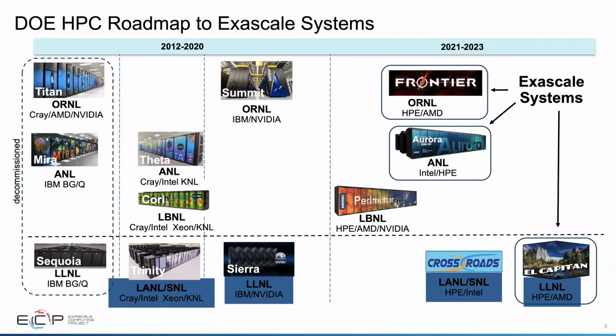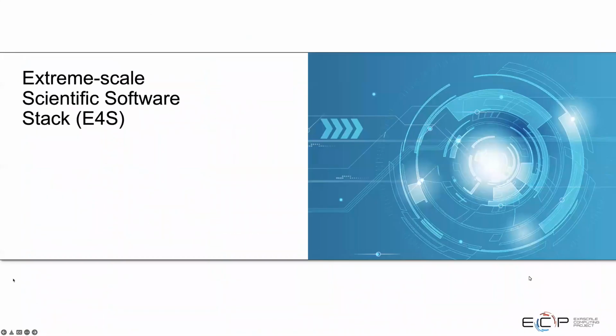We also have other systems like the Frontier system, which will be an HPE AMD system with AMD GPUs at Oak Ridge, and Argonne National Labs will host the Intel HPE system. Los Alamos and Sandia will host the Crossroads HPE Intel system, and Livermore will host the HPE AMD El Capitan system. And these are the exascale systems.